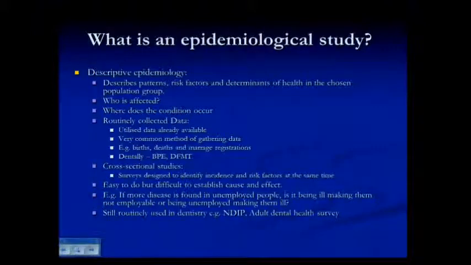So the only difference between those two is why the data was collected in the first place. Cross-sectional studies, although they take more organisation, the data is easier to get a hold of and analyse.